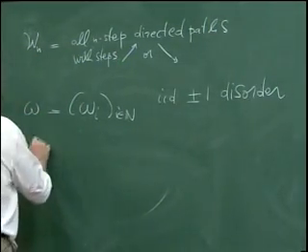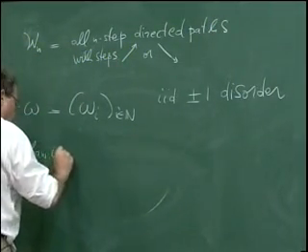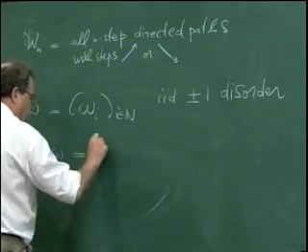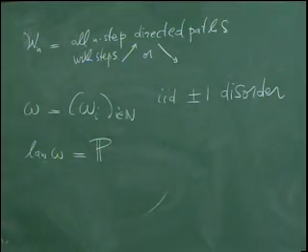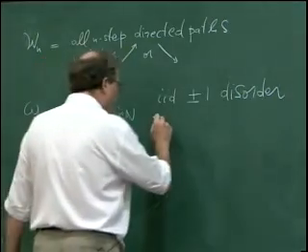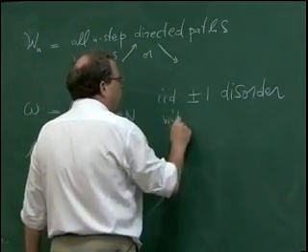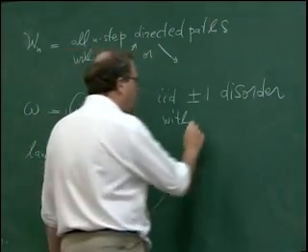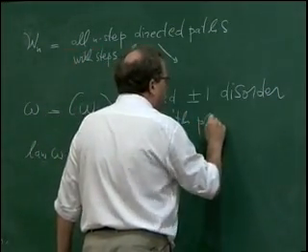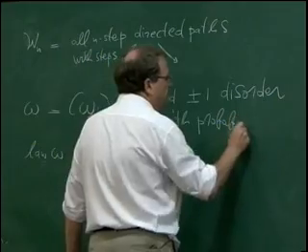And the law of omega is what we denote by this double P. That's just the product measure, and we picked a case where the plus and the minus 1 occur with equal probability.